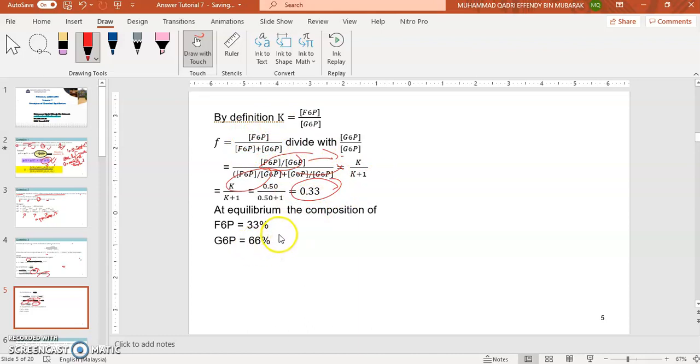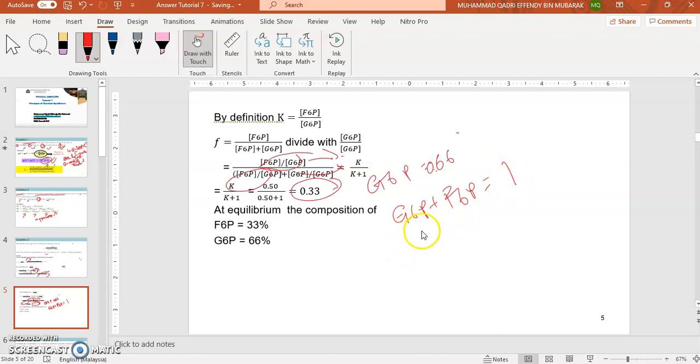And if you repeat this by using the same equation, the same method, you will get G6P equal to 0.66. However, we already know that the composition of F6P and G6P adds up to 1.